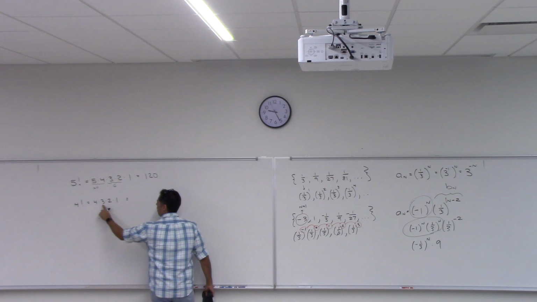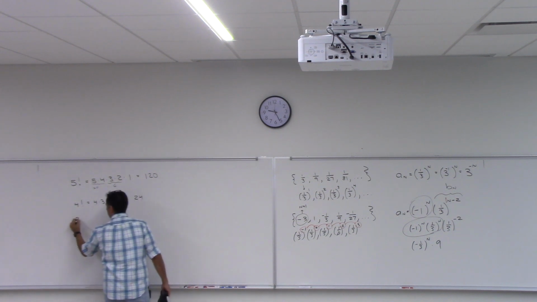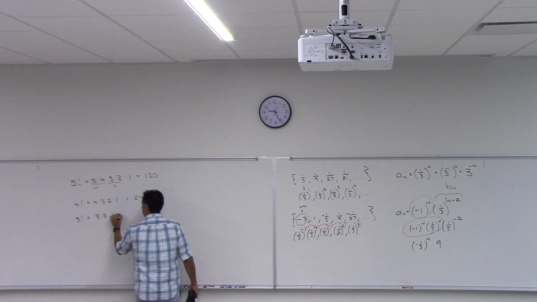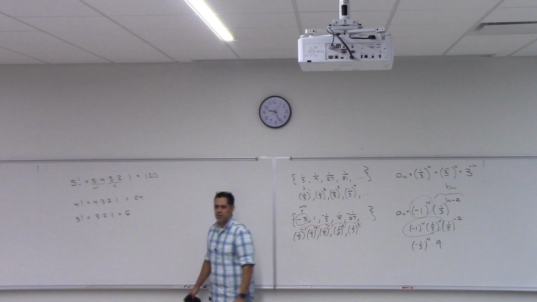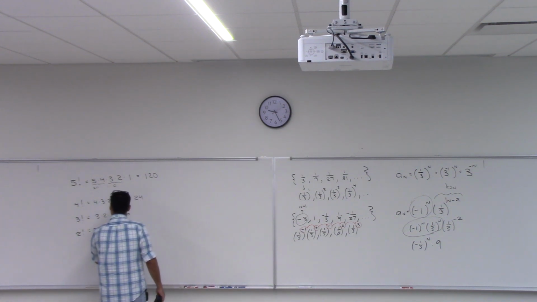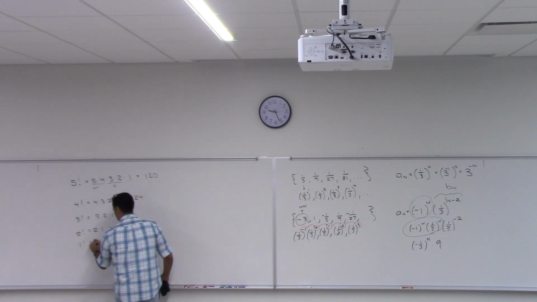So 12 times 2, 24. How about 3 factorial? 3 times 2 times 1, 6. 2 factorial? 2 times 1, 2. 1 factorial? 1.